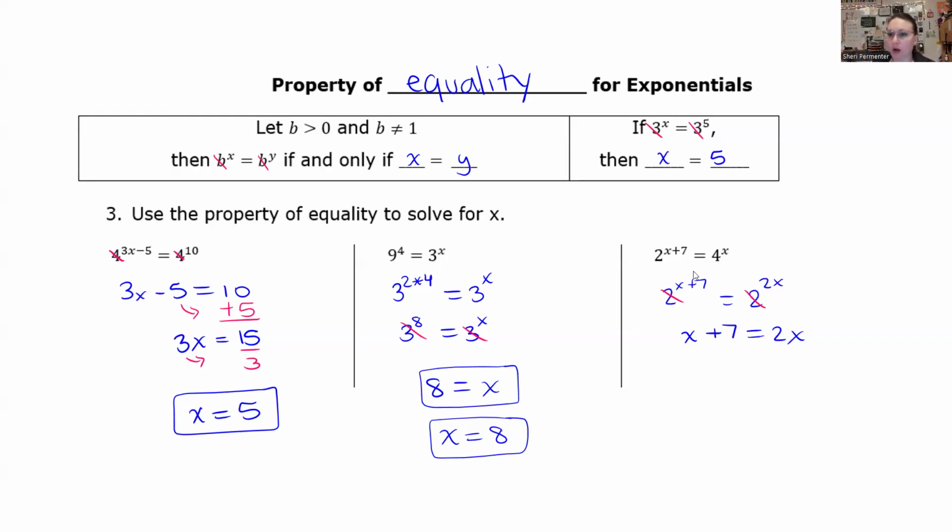So let's move the 1. So I'm going to move over the 1x and subtract 1x. So I get 7 is equal to 2 minus 1, which is 1, or just x. So I get x equals 7, or 7 equals x. Whichever way you like it, it doesn't matter.